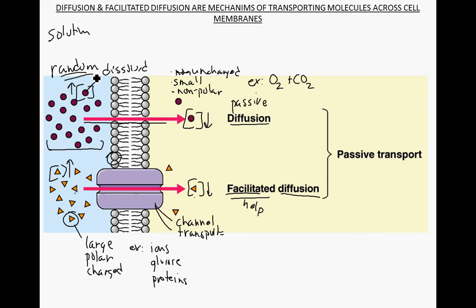Again, these are all passive transport mechanisms, going from an area of high concentration to an area of low concentration until there is a dynamic equilibrium established. That dynamic equilibrium, of course, would be for every one molecule that moved across, the other one would move back. So you should pause there and get that straight.